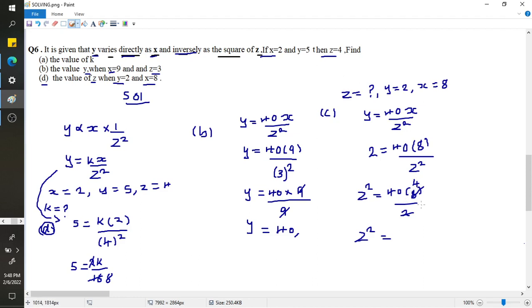That's 2 into 8, that will give you 4, right? Okay, now look at this. What we are going to remain with here is simply 40, right? Excuse me. So we're just going to have 40 multiplied by 4.